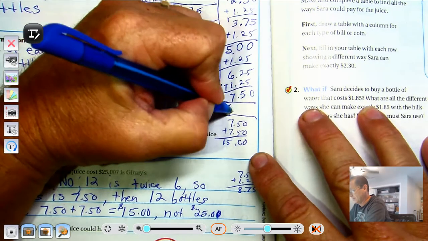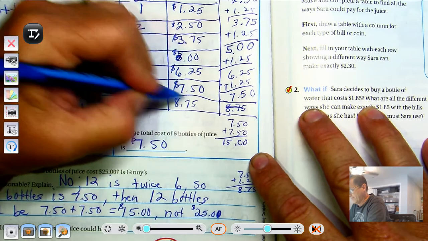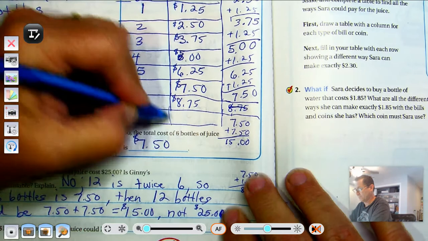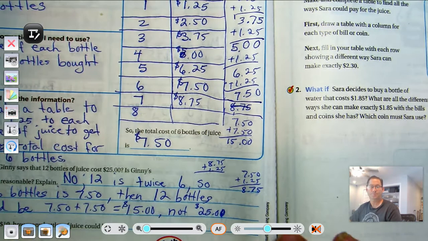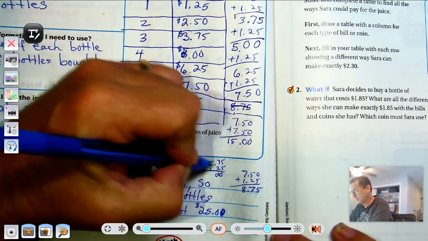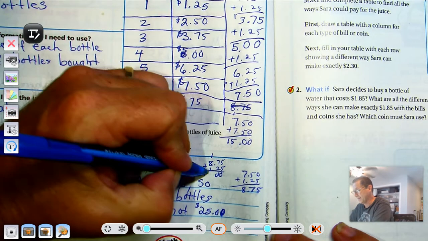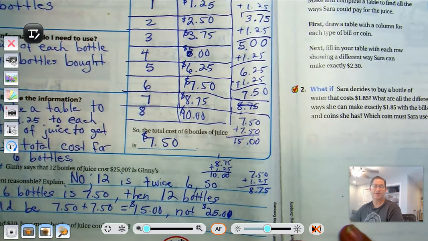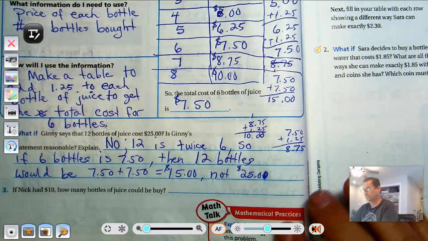So we have $8.75. If I buy an eighth bottle of juice, $8.75 plus $1.25. Well, 75 cents, and if you get another quarter, that's $1. And 8 plus $1 is 9, plus the regroup dollar gives me $10. Okay, so that shows me that he could buy 8 bottles of juice.